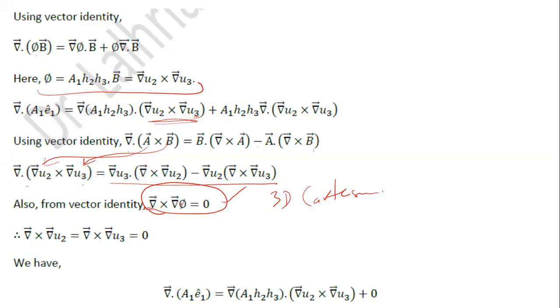So the curl of the gradient of phi is 0, and therefore the curl of grad u2 and the curl of grad u3 are 0. All right. If they are 0, that means the second term over here will become 0. The second term is 0 here, and we only have the first term as this. The divergence of this is equal to this.